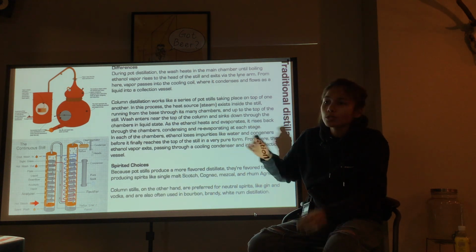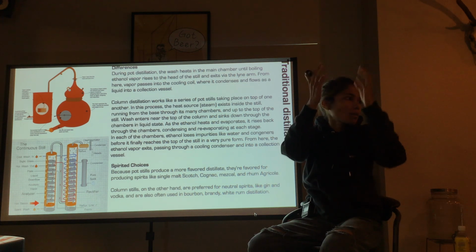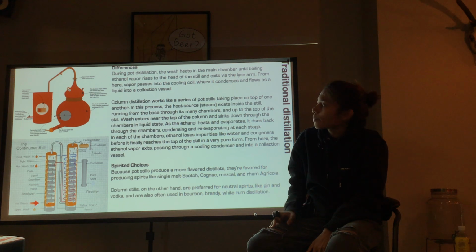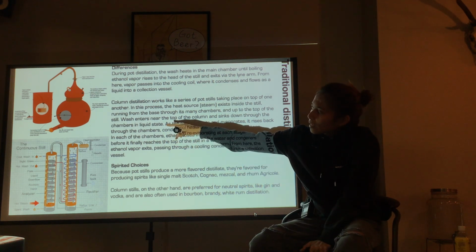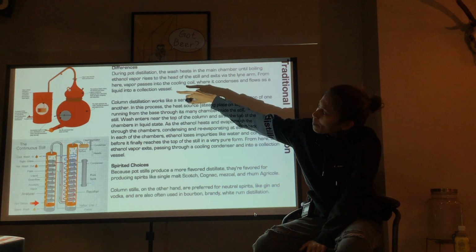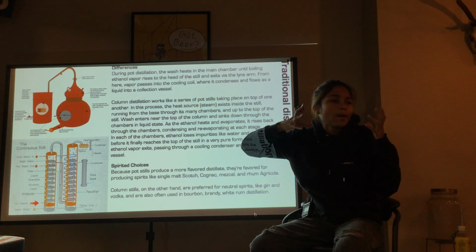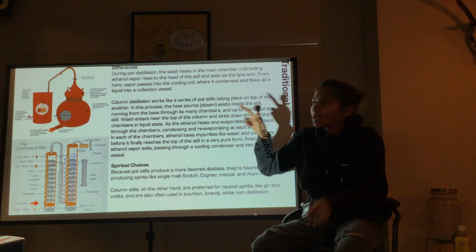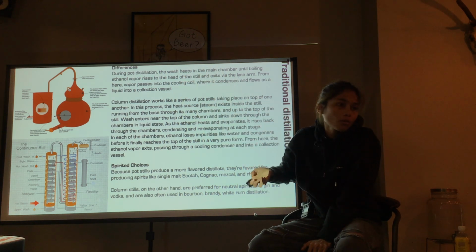And column is like a pot still, but imagine the pot still stacked a bunch of times. Same principle: there's heating, and then all the alcohol starts evaporating. The top bit over there is a reflux, so it cleans it up again. Then whatever vapor does go through becomes your alcohol.